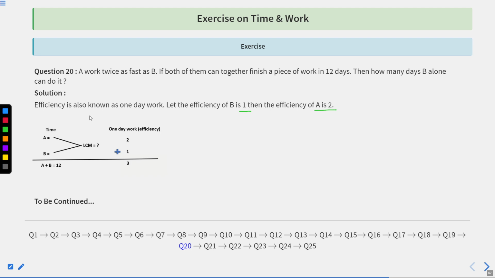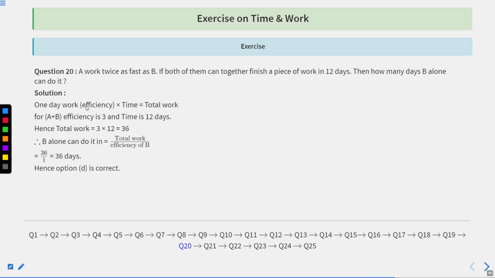This piece of information is given in the question, which says A works twice as fast as B. So if B completes 1 unit of work in a single day, then the efficiency of A is 2. The time taken by A is unknown, the time taken by B is unknown, but the combined time taken is known, that is 12. The efficiency of A is 2, efficiency of B is 1, so the combined efficiency of A and B is 3.